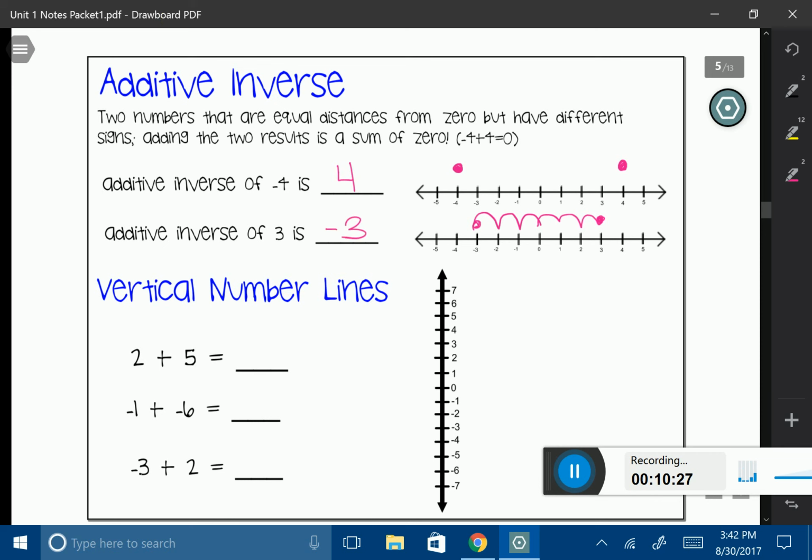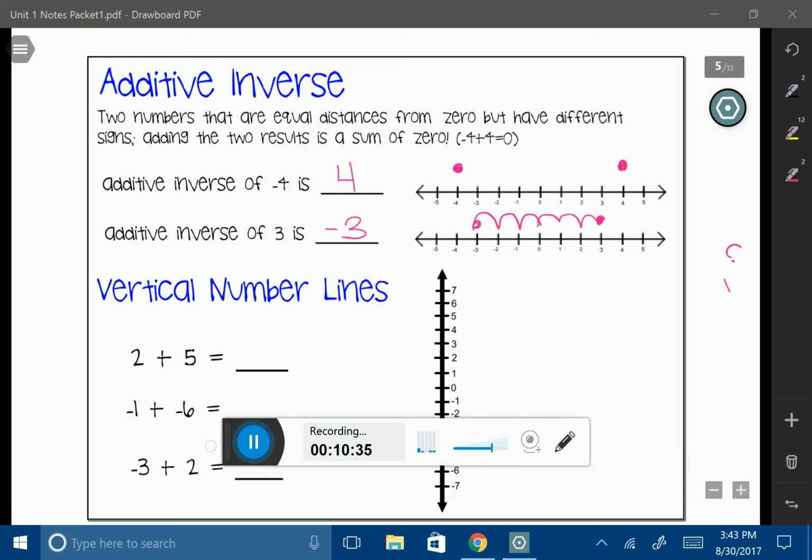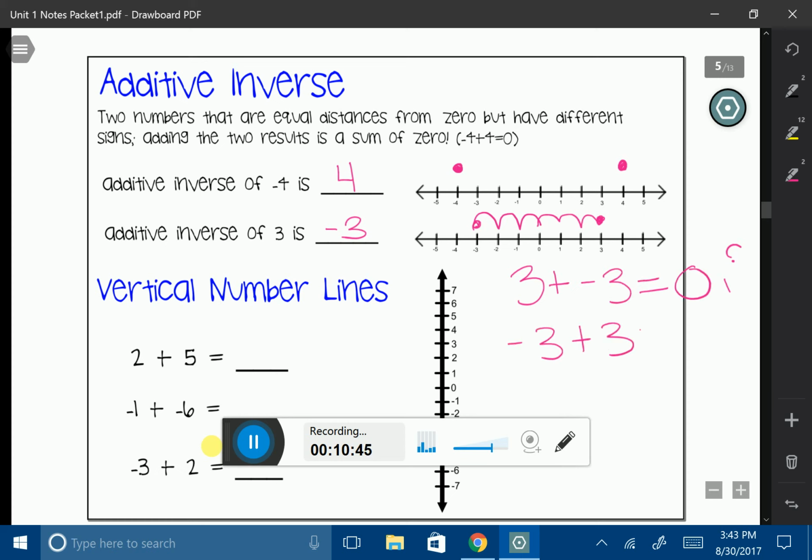So 3 plus negative 3 is going to give me 0. I can also say negative 3 plus 3 equals 0. Negative 3 and 3 are additive inverses.